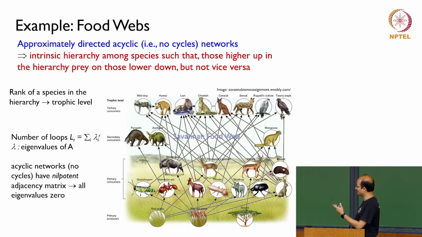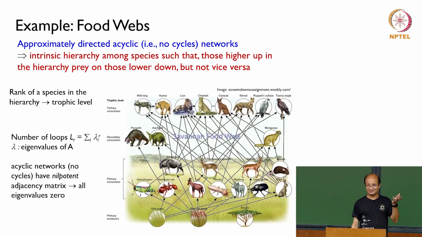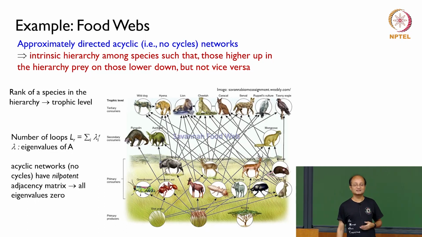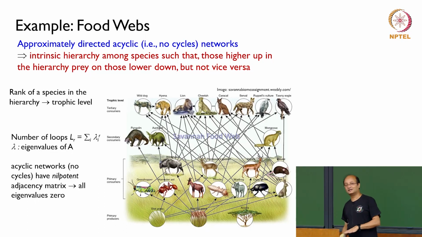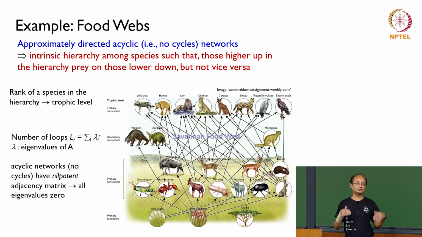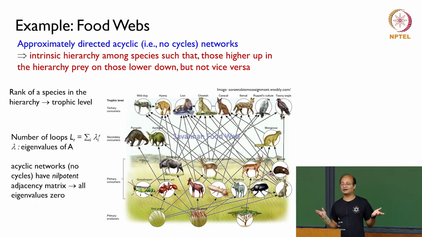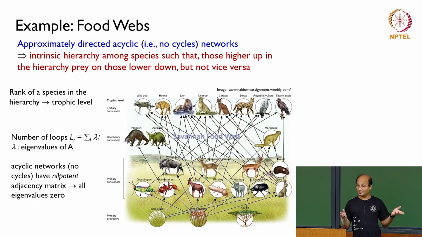So another example is food webs. Okay, so food webs typically are divided into various layers, which are known as trophic levels, and the base is formed by the primary producers, plants, right? Because they use sunlight to produce food, and then the next layer is what is known as primary consumers.